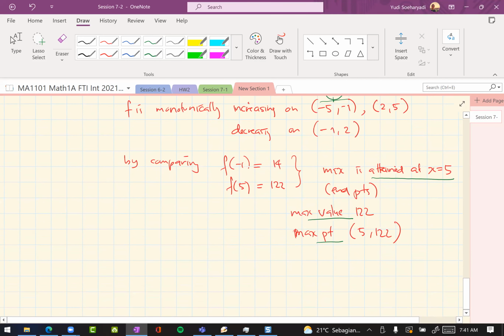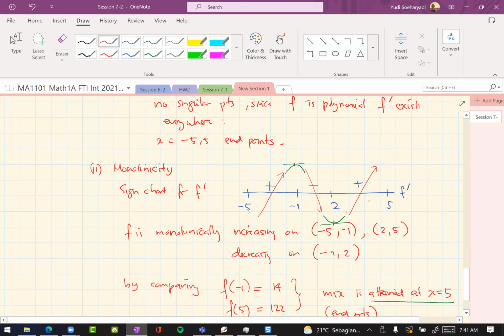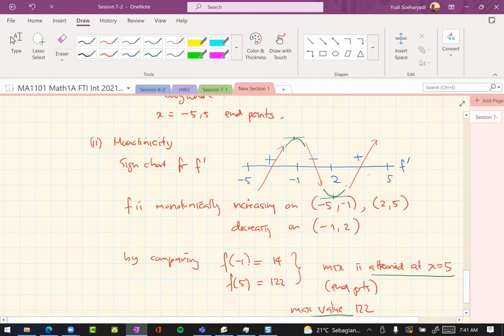All right. And similarly, if you need to find the minimum, you just need to make a comparison between f of 2 and f of -5.